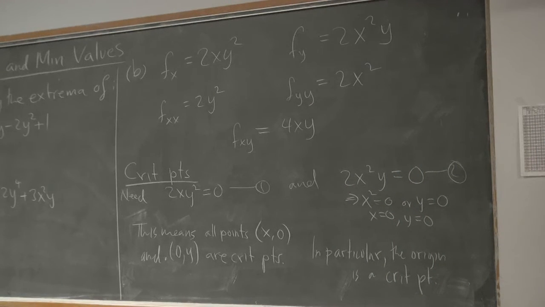So check x0. Here your D would look like 0. I think the origin is the only one we have to check with. It would also be 0. I think the origin is the only place you have to check. Let's see.